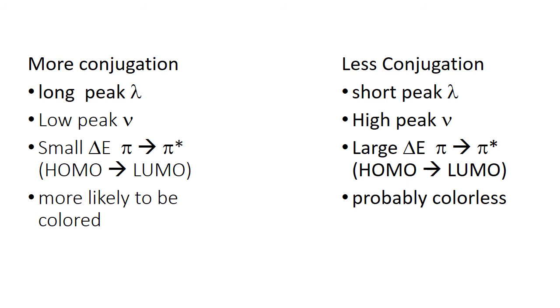In the case of conjugated molecules, the energy difference we're talking about is the difference between the HOMO and LUMO, which would be the pi to pi star transition in terms of orbitals. If a molecule has a lot of conjugation, it's possible that the wavelength could be in the visible region. If a molecule absorbs in the visible region, then that molecule will appear colored.